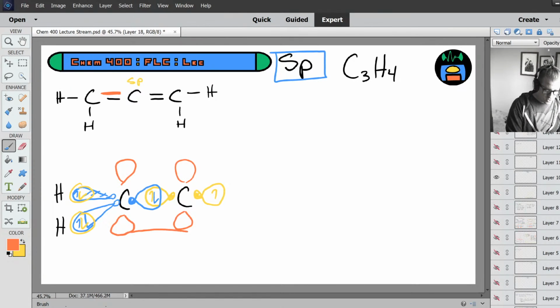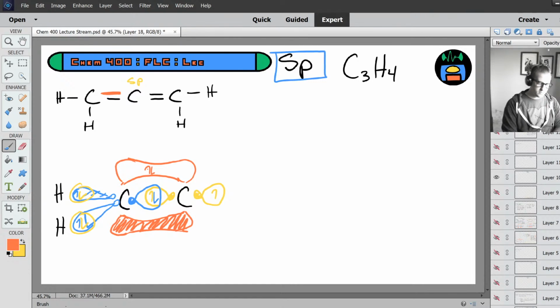And that this will blur both below and above the carbon-carbon sigma to form our pi orbital and subsequently our pi bonds. That looks weird. I'm going to just redraw my electrons. Okay.